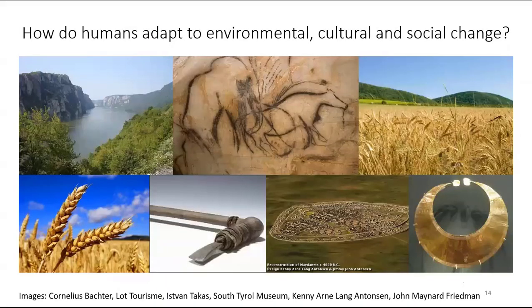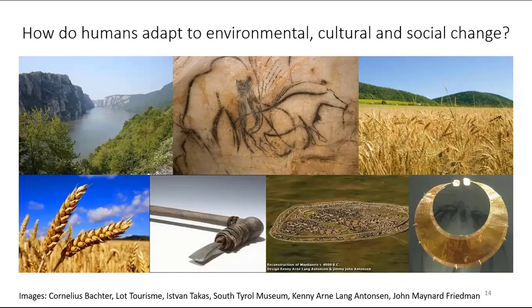What I'm really interested in is asking the question, biologically, how did human populations adapt to all of these changes? So what are the biological changes? What are the genetic changes that accompany these cultural and environmental shifts? And how do they relate to genetic variation and phenotypic variation today?